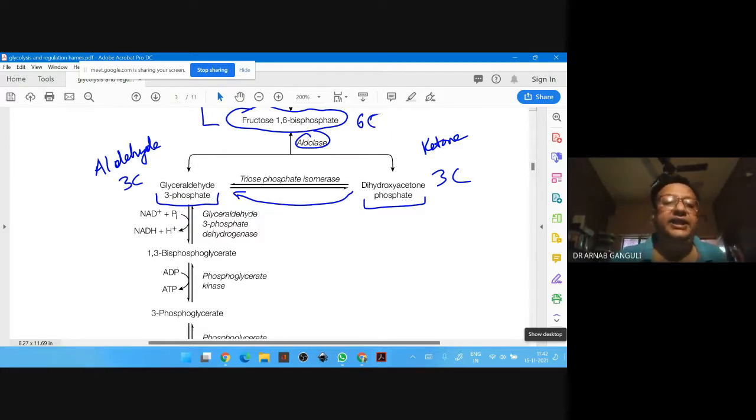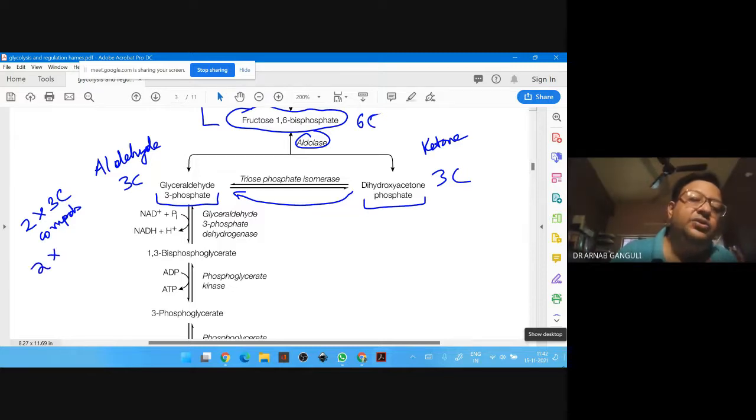So essentially, what you have over here is 2 into 3 carbon compounds, 2 into glyceraldehyde 3-phosphate.